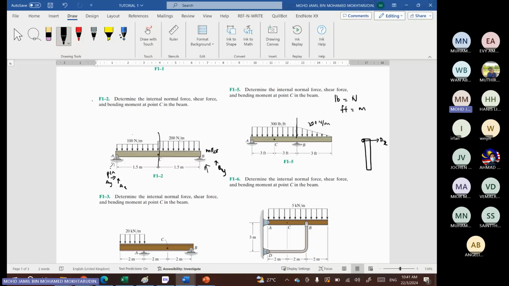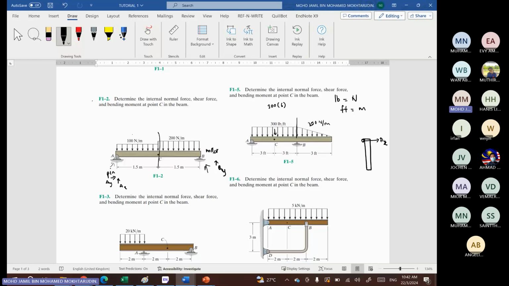So we can determine the resultant force first. So the resultant force will act in the middle or at point C. So it will be 300 times 6. Okay, the distance, the length, 3 plus 3.